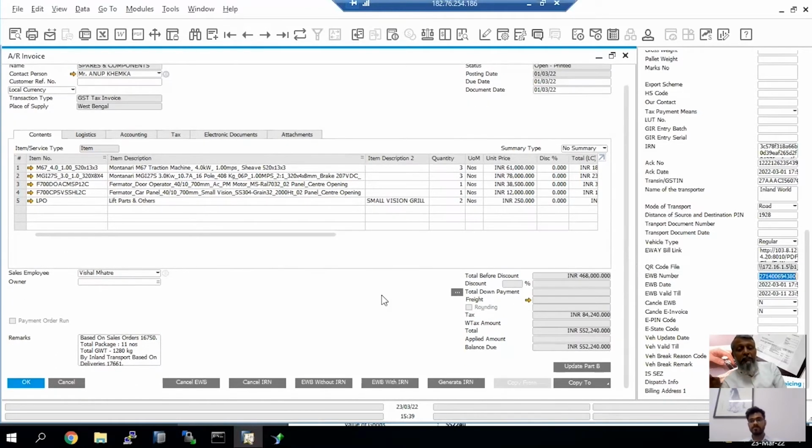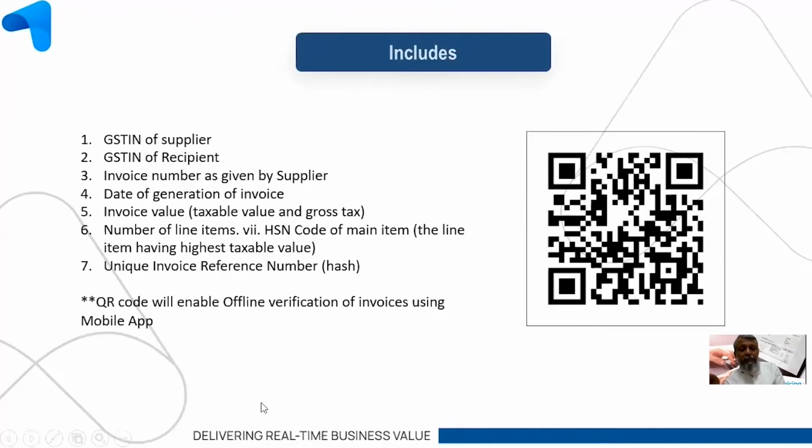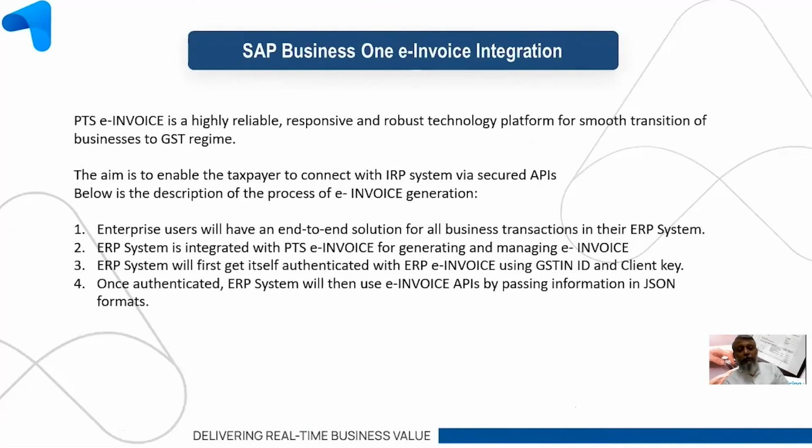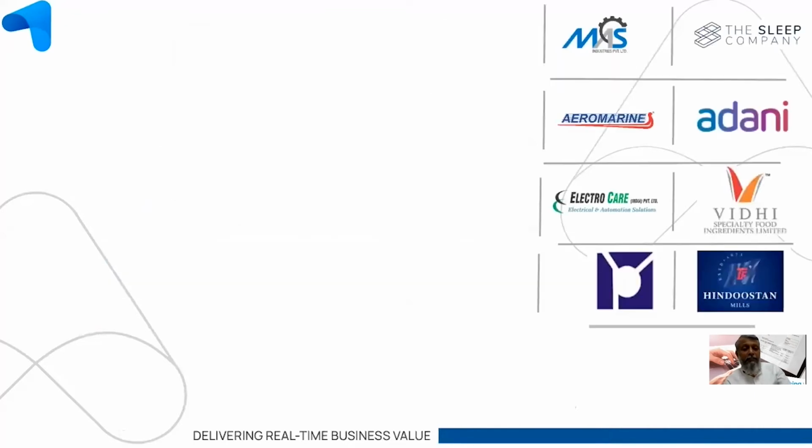In the last 1 year in SAP, we have done almost 70 plus e-invoicing integrations with various systems like SAP ECC, S4, and Business One, and By Design also. So these are the major parameters required and mandatory as statutory compliance: supplier's GSTN, recipient's GSTN. So this is about the e-way bill integration.